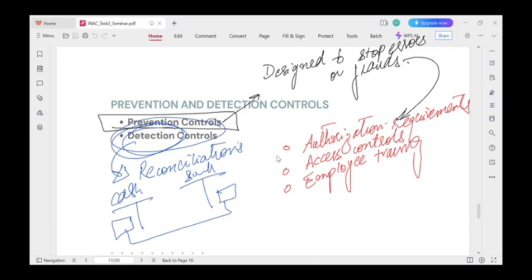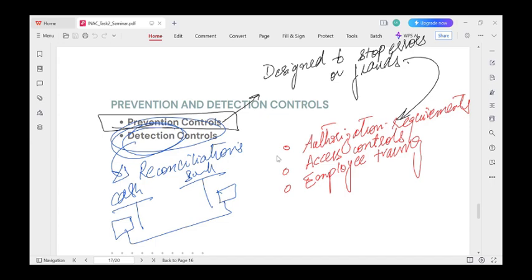The control which stops the fraud from happening in the first place is a prevention control, and the control which detects it after it has happened is a detection control.